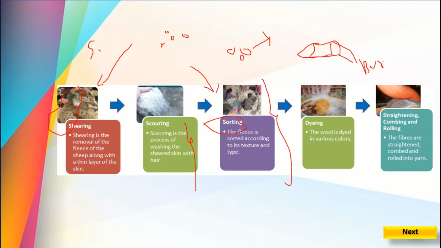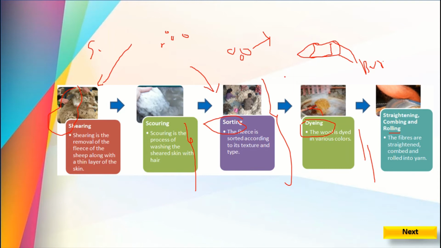So as I said, the scouring is done by hand or machines. And then the natural colors are white, brown and black. And then because they want to look nicer and more beautiful, they are dyed into colors, and they are straightened and combed in the process of rolling.